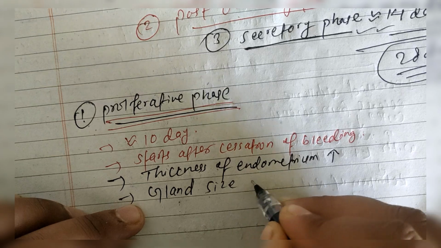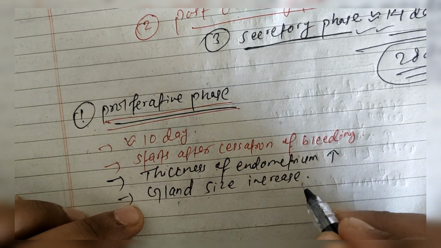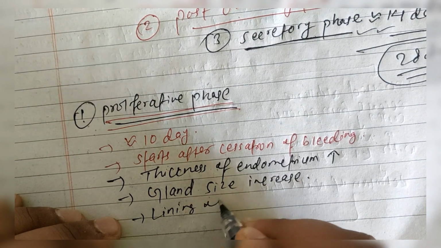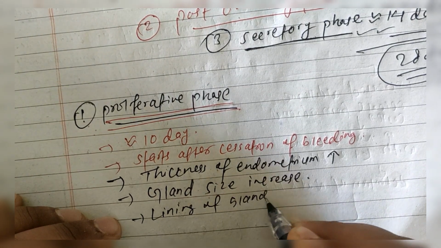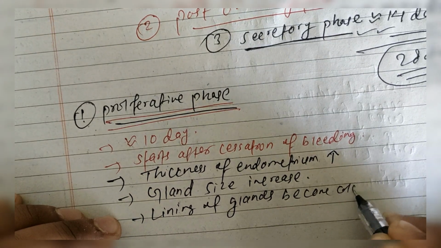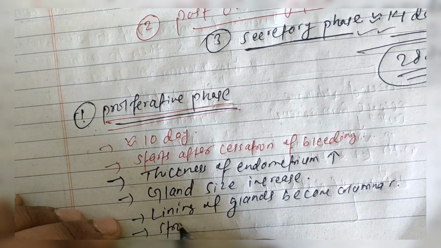Now the lining of glands become columnar, and stroma becomes compact.